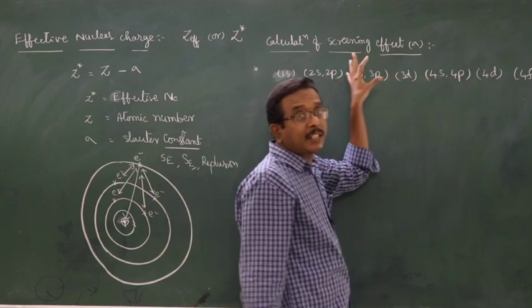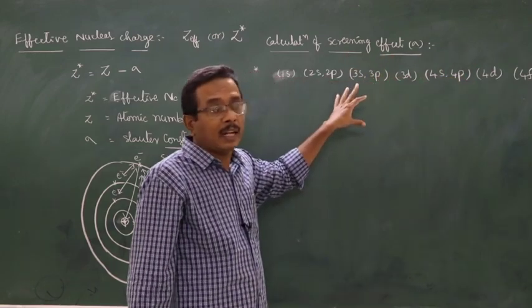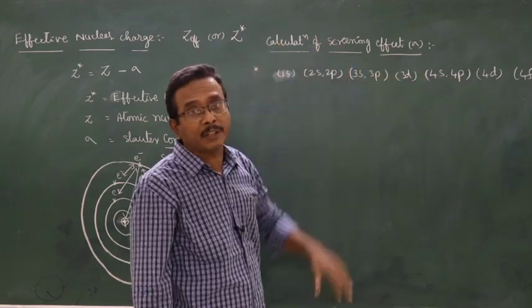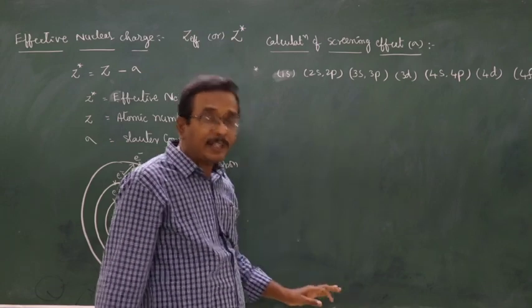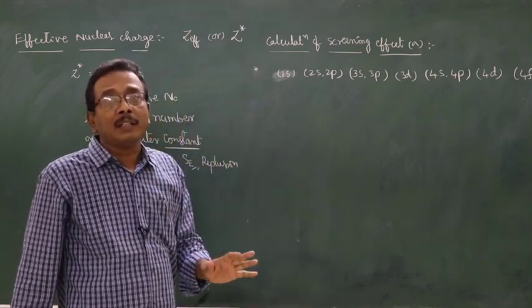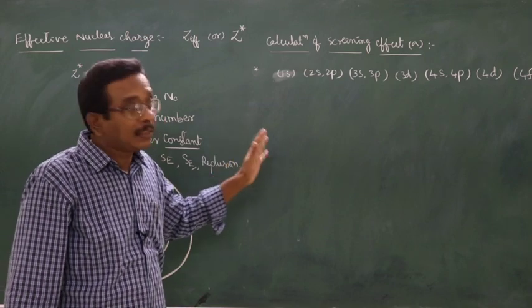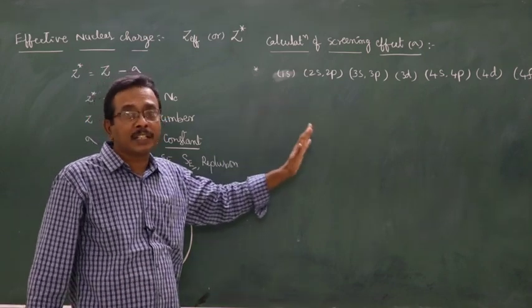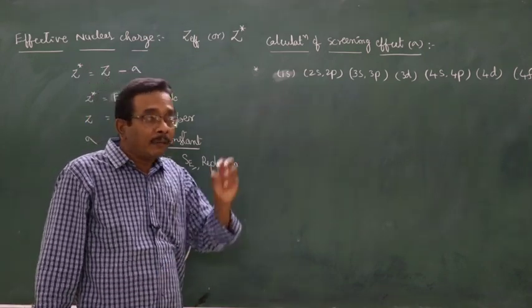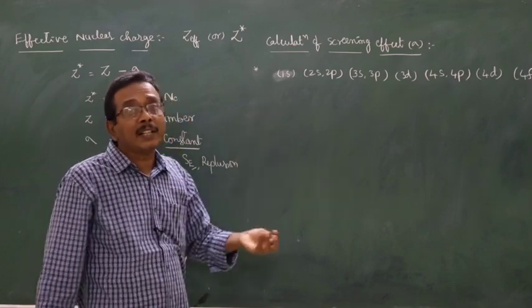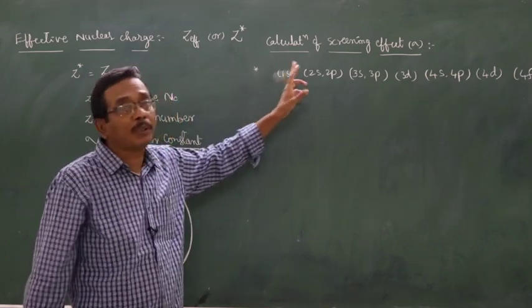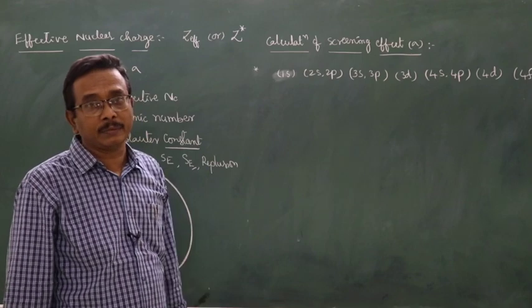This is the representation of the orbits, and this is nothing but the Slater configuration. Here the first point is that for the electron to which the effective nuclear charge is calculated, for that atom based on the atomic number we have to represent the Slater configuration.